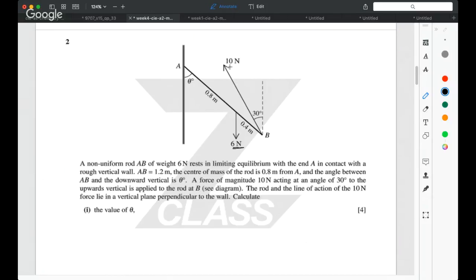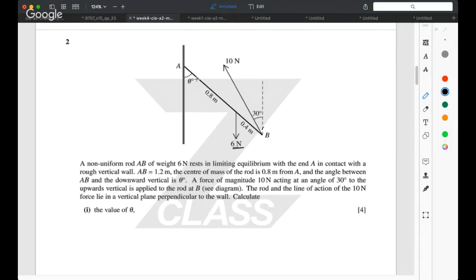So this, and I need to get it in the perpendicular direction, right? And then times the distance. How do you calculate the moment? Force times distance. So what is the distance between the 6 Newton force and the point?